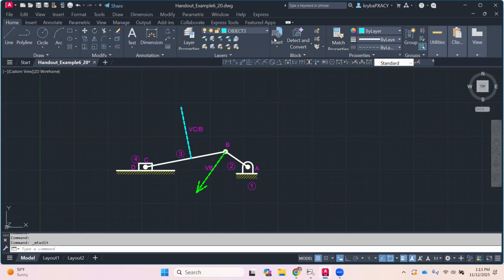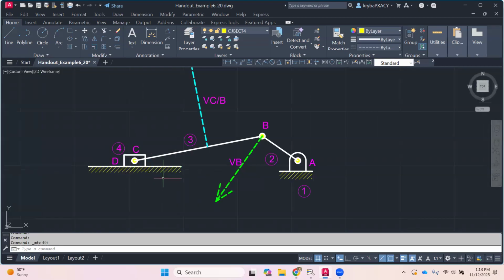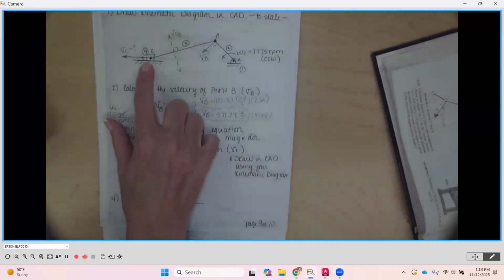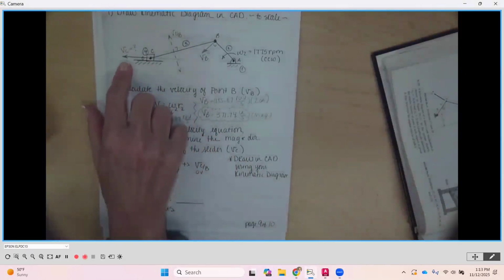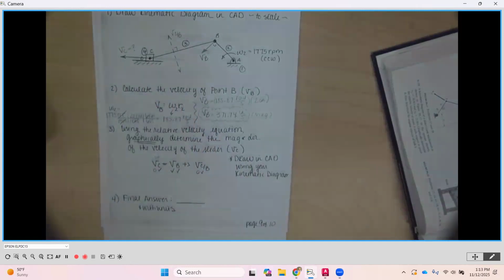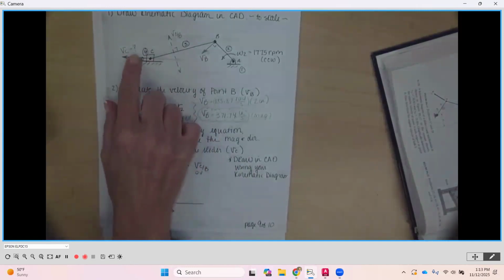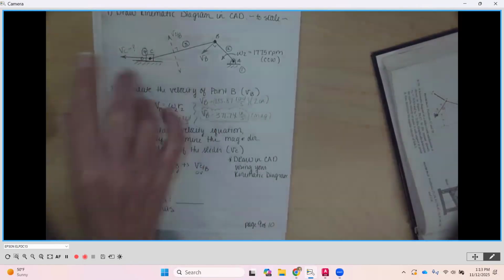And then the last one I need to add, I'm going to change to my object 4, which is just another color, is going to be the velocity of C. If I go back underneath here, remember C is a piston. Although I put an arrowhead here, we're pretty sure it's going to go to the right. We don't know its magnitude, though. So we just know the line of action is going to be horizontal.